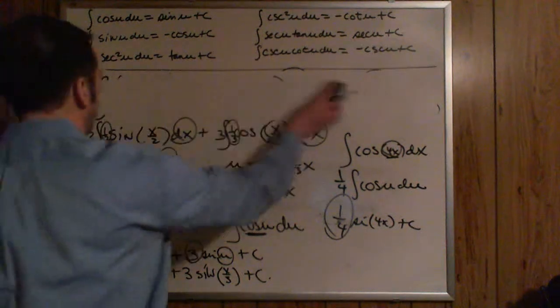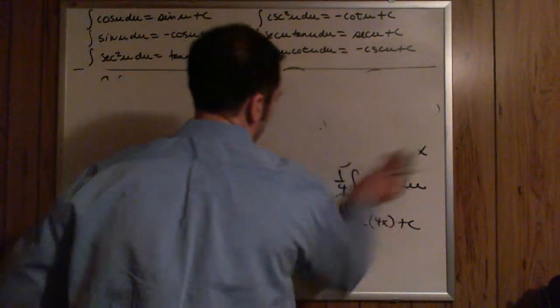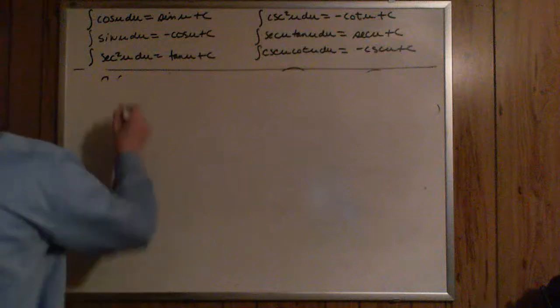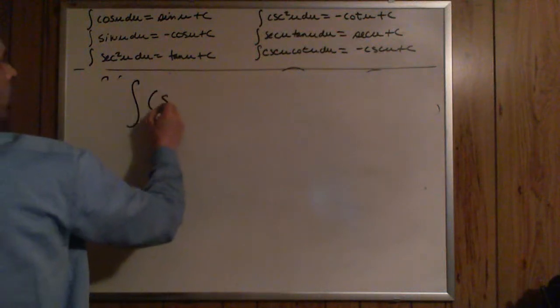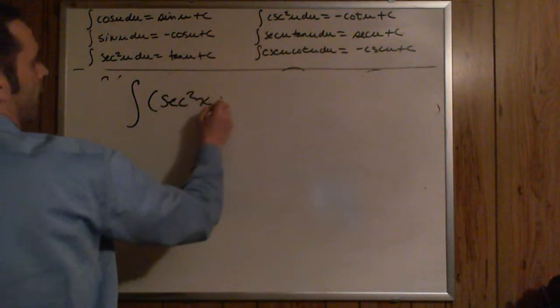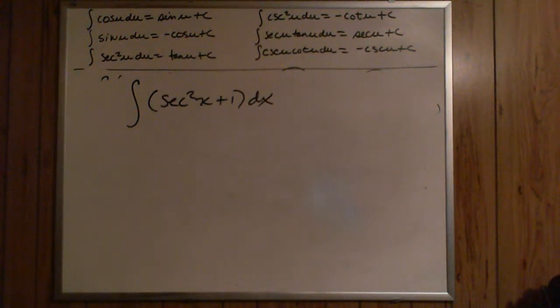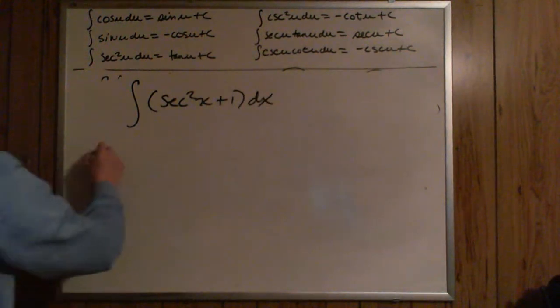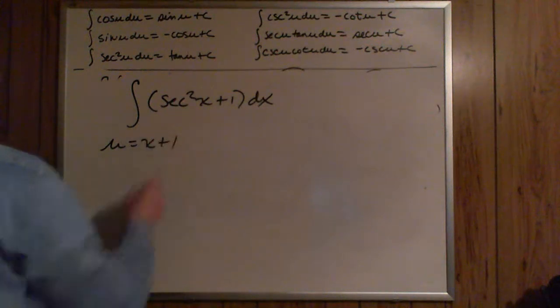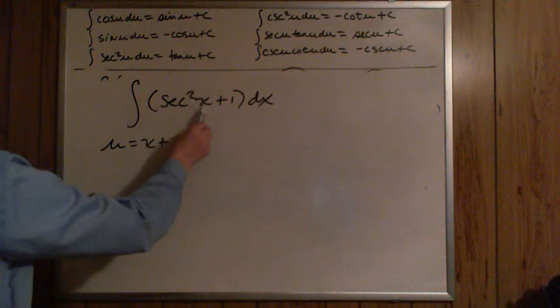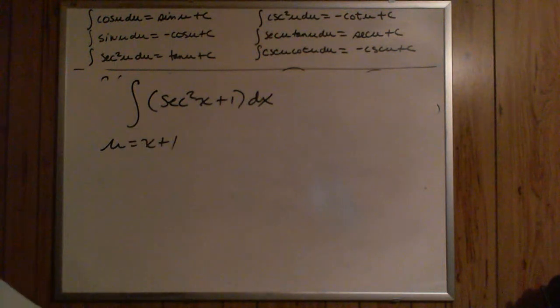And just one more. What if we had one that was not off the list, but we could still work with it? The indefinite integral of the quantity secant squared x plus 1 dx. Well, here you cannot choose u to be equal to x plus 1 because the x plus 1 is not a part of this argument. It is strictly secant squared x, plus 1.